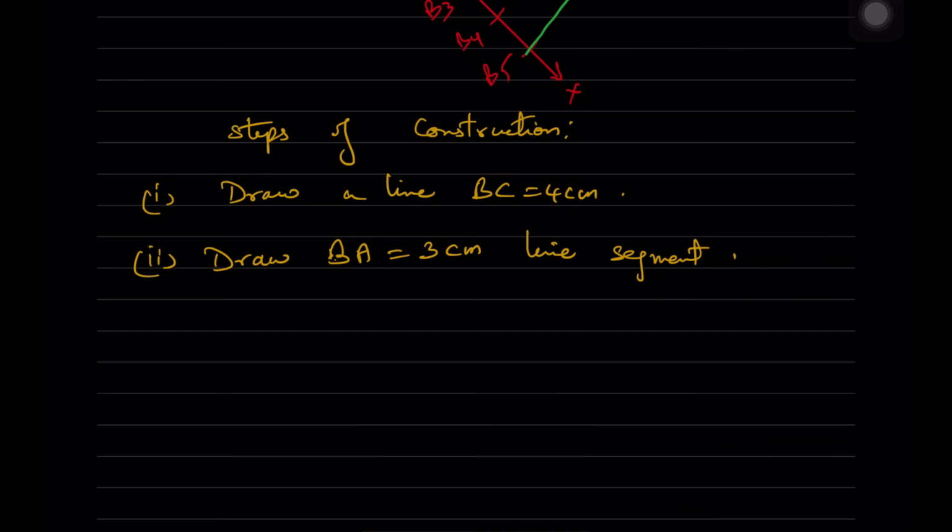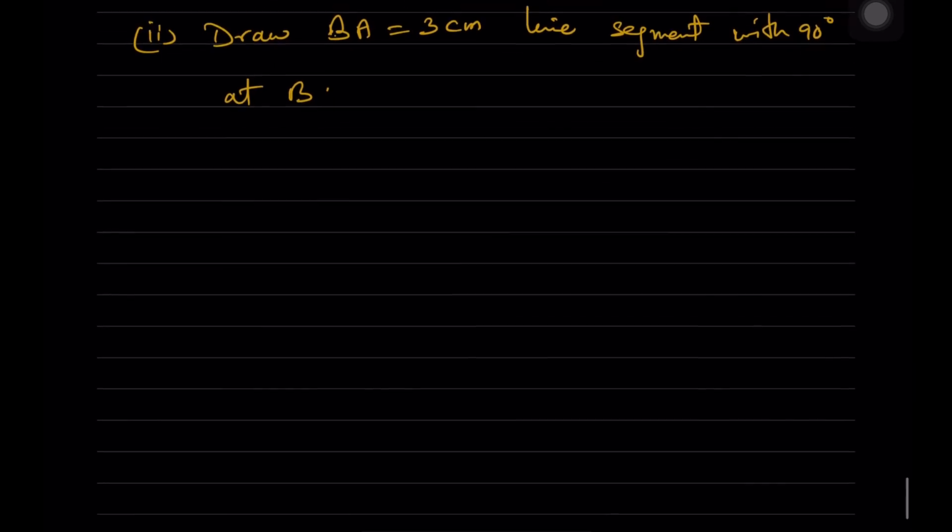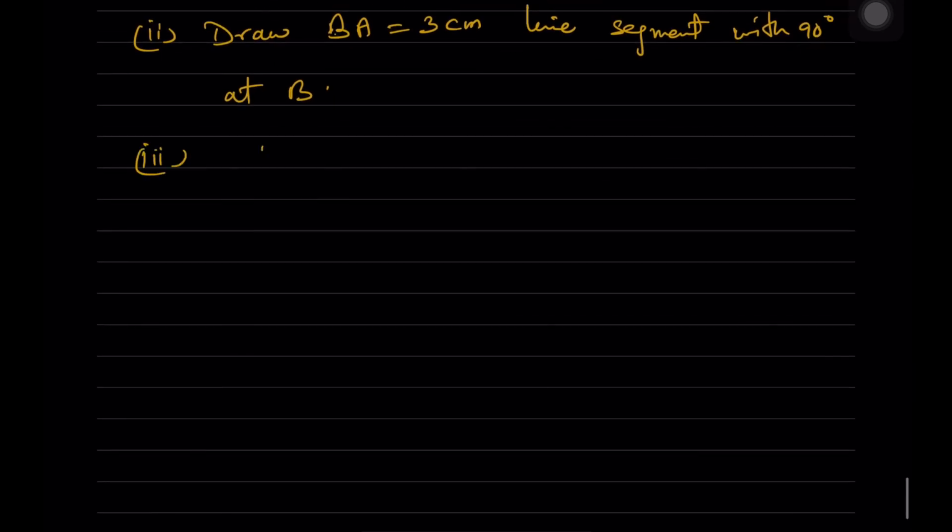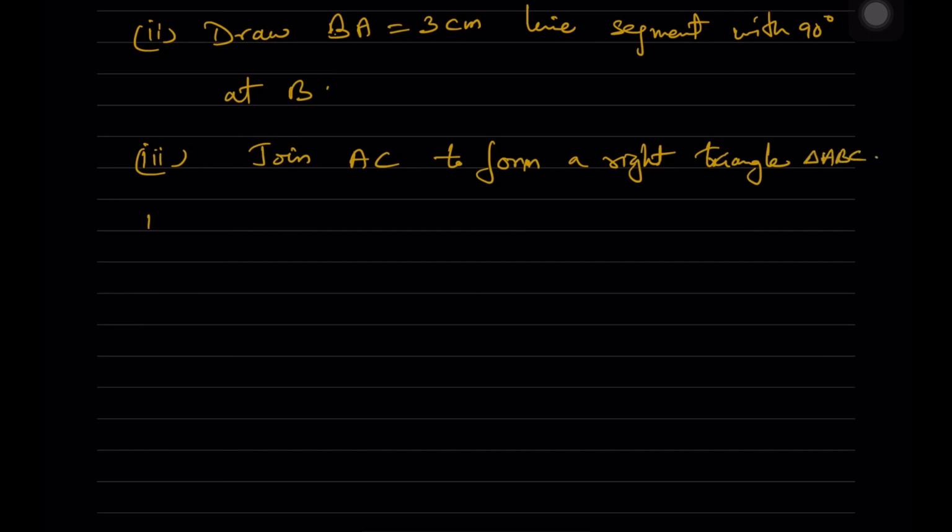with 90 degrees at B. Then third, what did we do? Join AC to form a right triangle ABC. Then the fourth one, construct an acute angle CBX downwards.